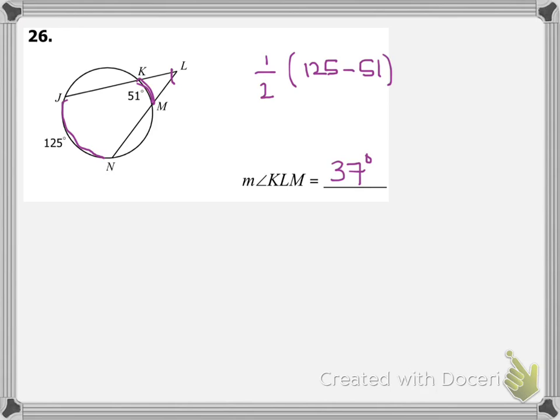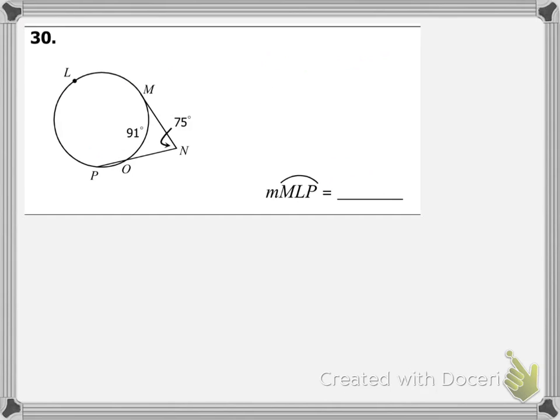Okay. All right, let's look here. If I want to find the measure of the arc MLP, so that's that side over here, I've got a tangent and I've got a secant. Remember what that is. That is 1/2 your length here, x, minus your 91 here.